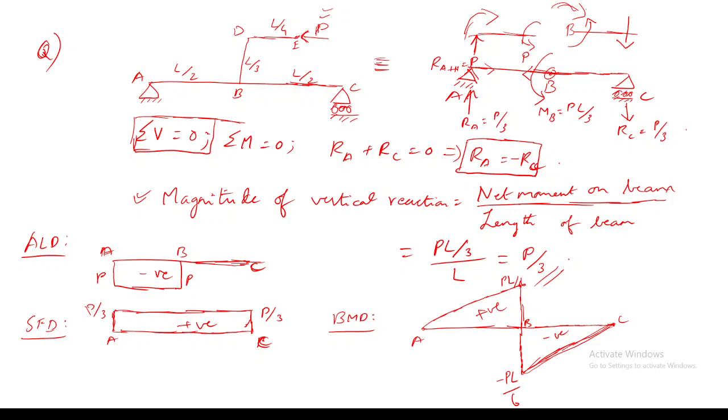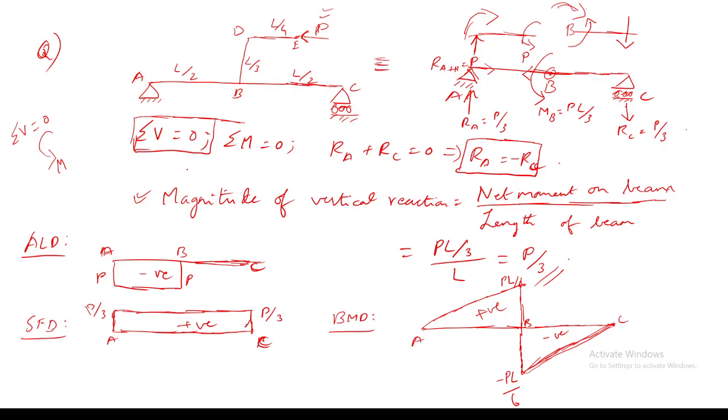This condition is used only when summation V equals 0 and only when concentrated moments are acting on the beam. It can be concentrated moments or only moments, like a uniformly distributed moment. At that time also you can use this condition. But there should not be any point load acting on the beam.